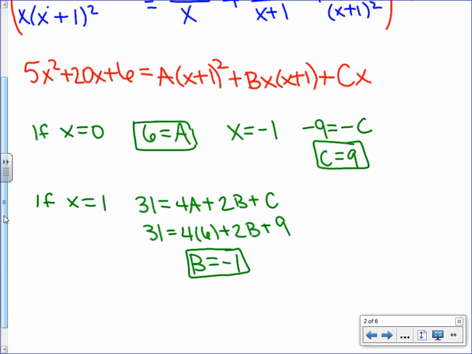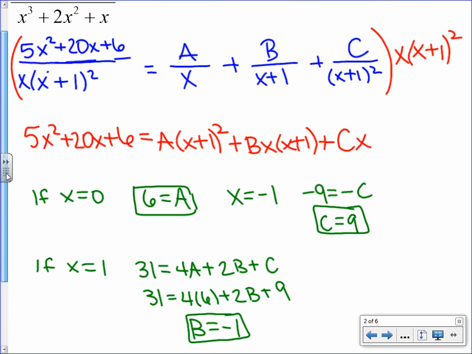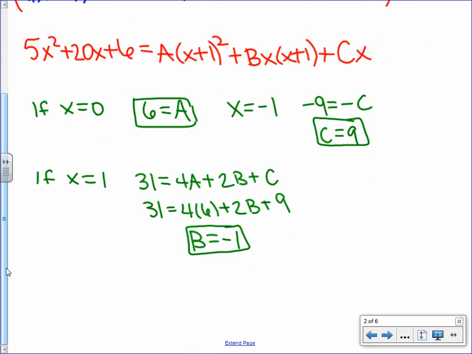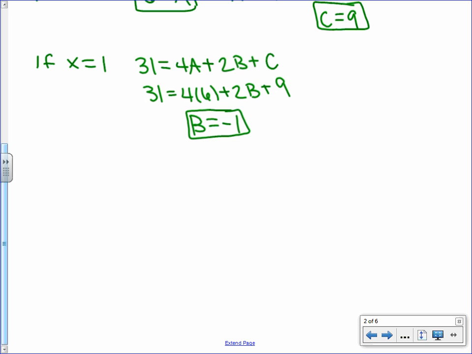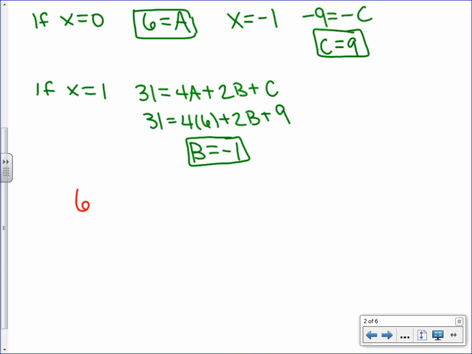Okay. So now if we go back up to our decomposition up here, we know that our partial fraction decomposition is A over x plus B over x plus 1.